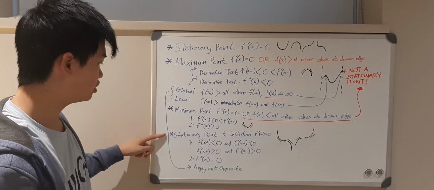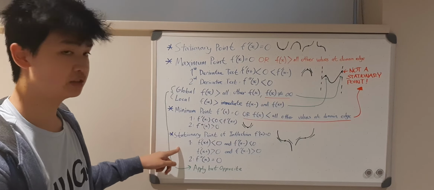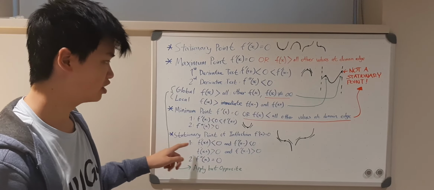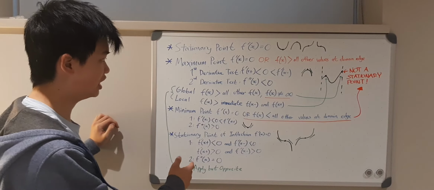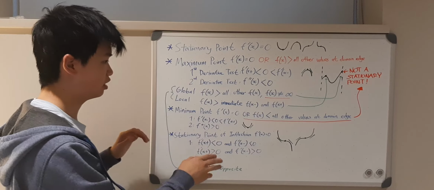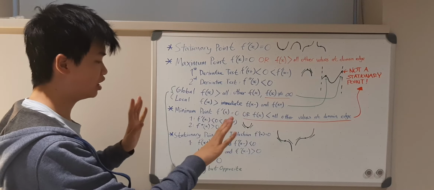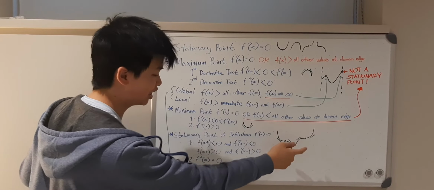Also, there is the stationary point of inflection. This occurs when f'(x) is 0, but in this case, when you do the first derivative test, you'll find that both left and right are positive, or both left and right are negative, like this, shown by the green lines.